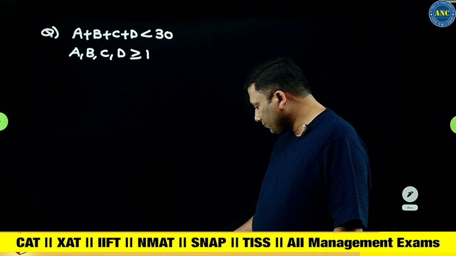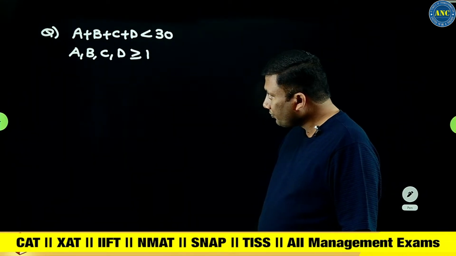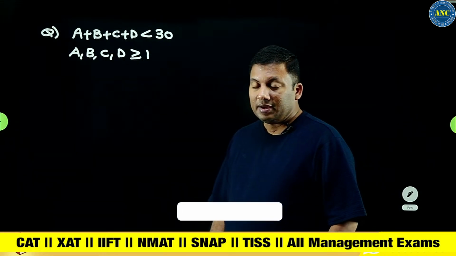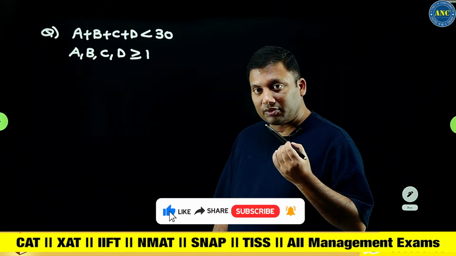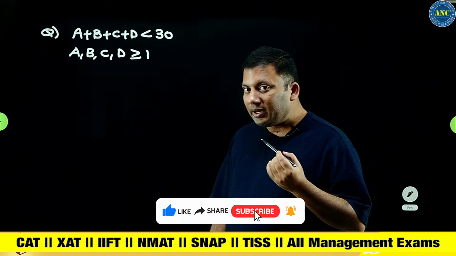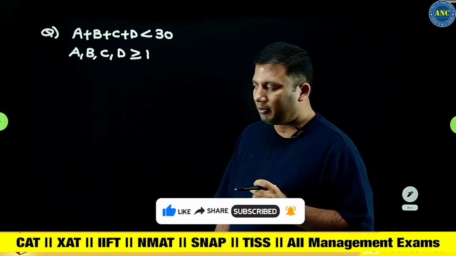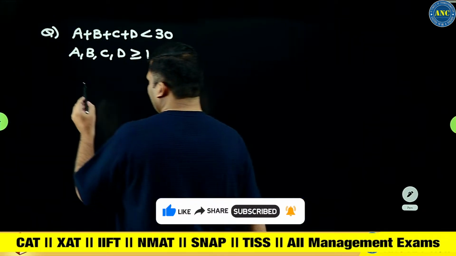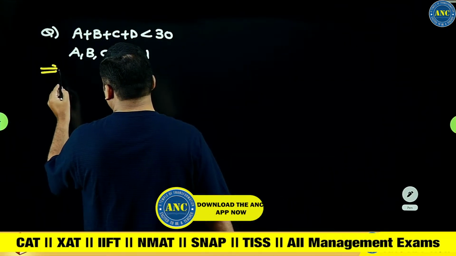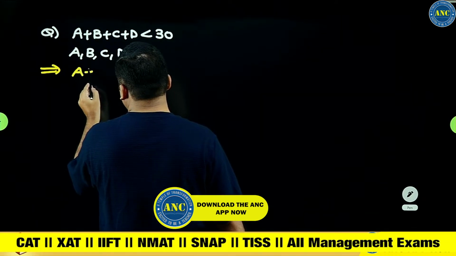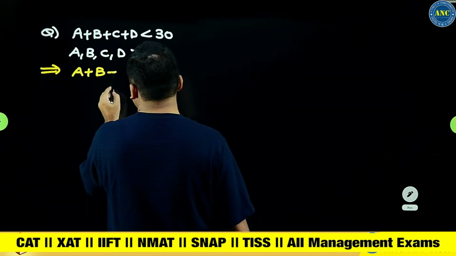That means A, B, C, D maximum can take 29, and the minimum it will take is 4. So this will become A plus B plus C plus D.